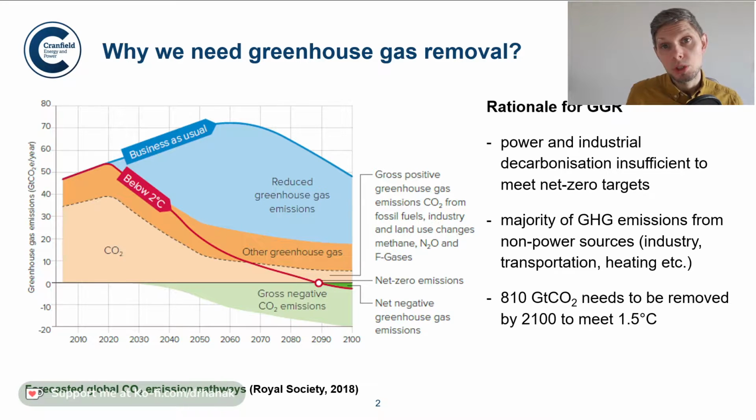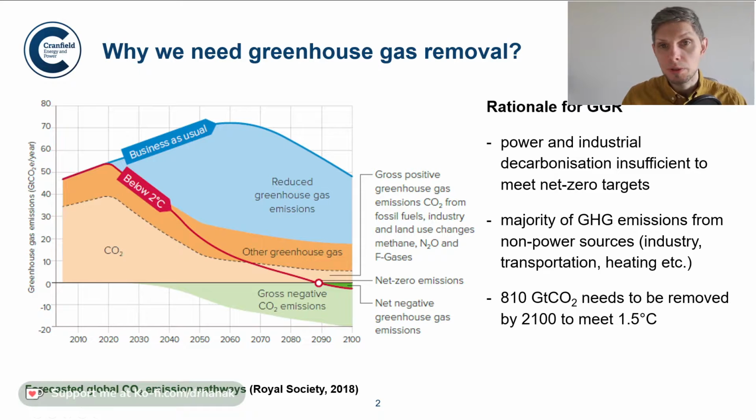You might have other emissions than CO2, like methane or all of those other greenhouse gases. So to balance this out and achieve net zero, we would need negative emissions.